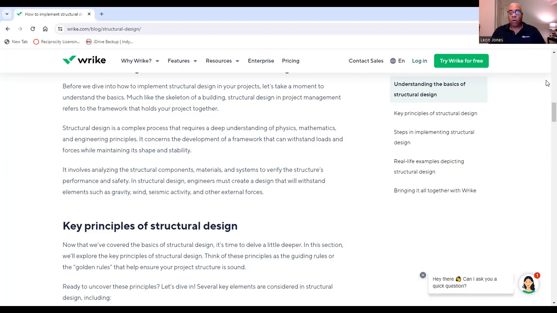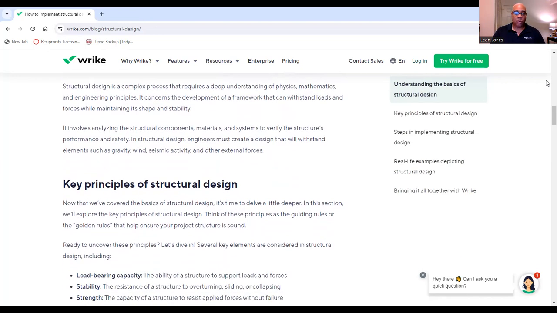It also involves analyzing the structural components, materials, and systems to verify the structure's performance and safety. So when we talk about structural design, engineers must create a design that will withstand elements such as gravity, wind, seismic activity, and other forces. And that's where I was telling you about the loads. You have different loads, or we call them environmental loads.